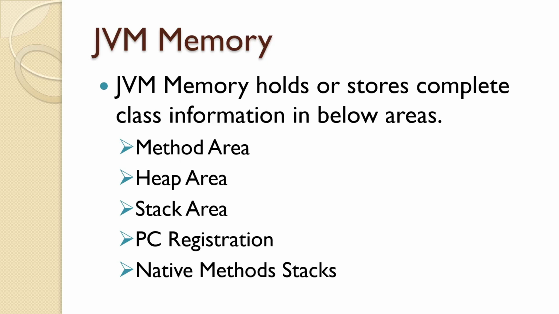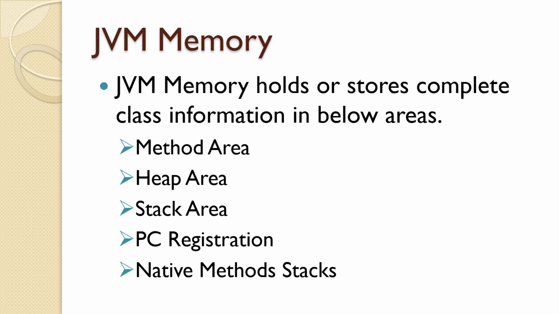Each thread has a separate PC register, which stores the address of the current execution instruction of a thread. So what does the native method stack do? It stores native method information. For every thread, a separate native stack is created.